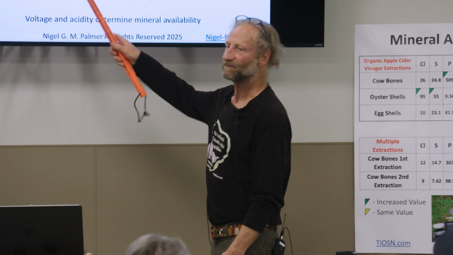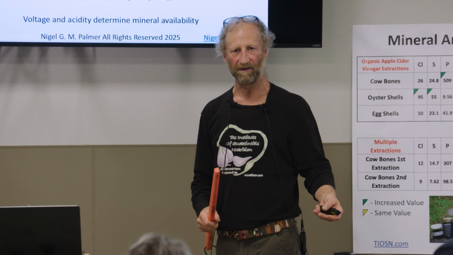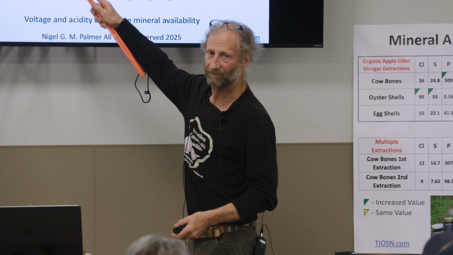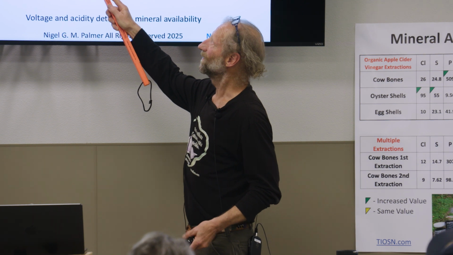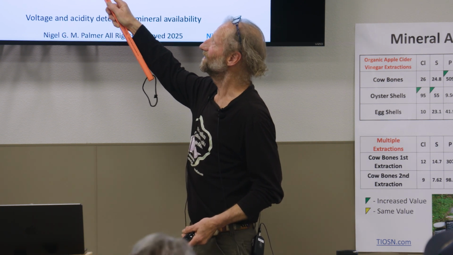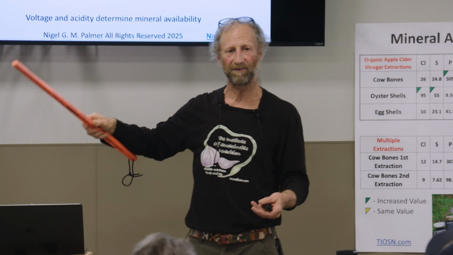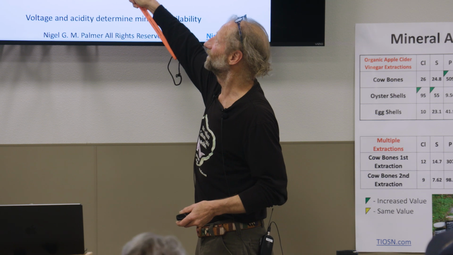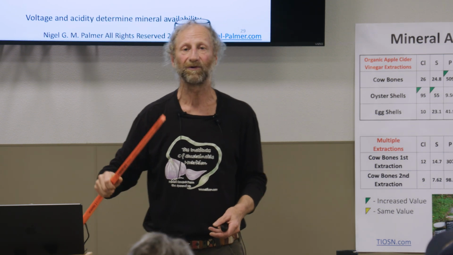The point is that, remember we said that the plant has to have the minerals in the right form in order for them to use them. This is that form. And here we have a balanced soil. And so if you have a balanced soil, then you can see that that form of manganese is available to the plant. If I have that oxidized soil up into this range, then that manganese is no longer available to the plant.